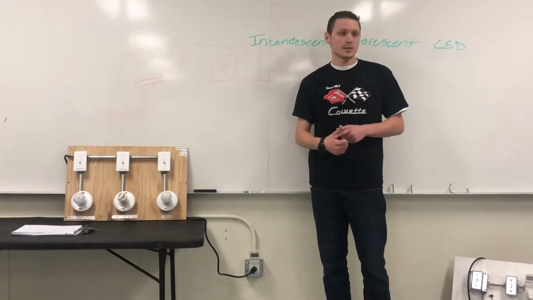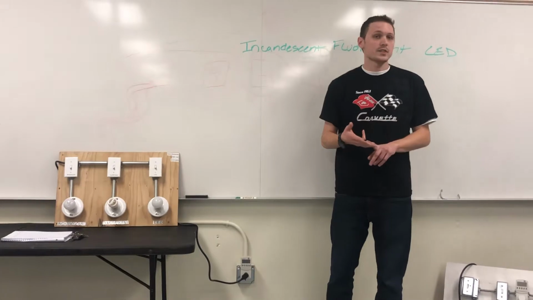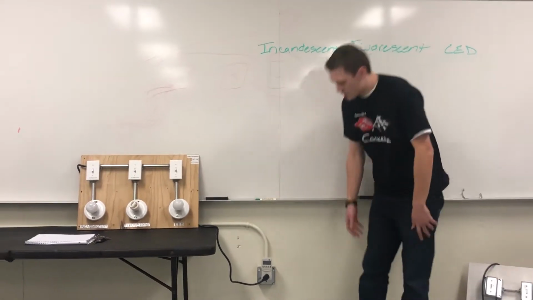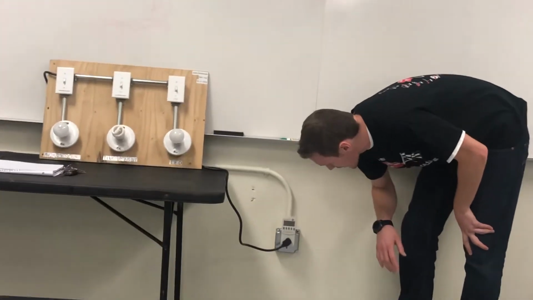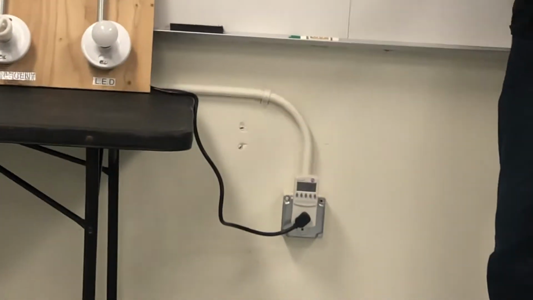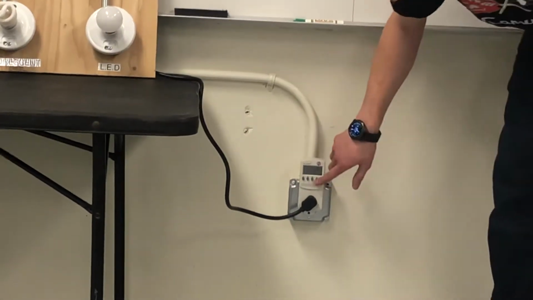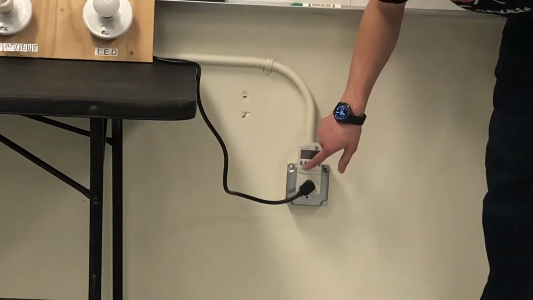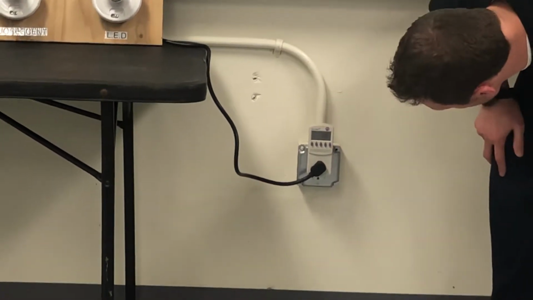It tells me my hertz, my amps, my wattage, my power factor, and my kilowatts an hour. So if we hit the button, we're right now at 117 volts, which is our house power. It's off because it's nominal, so we're not going to get exactly 120. We're going to hit the watts, because that's what we're going to be talking about.